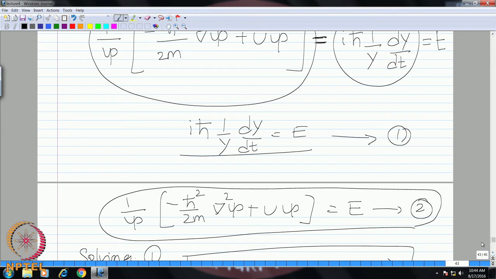So, this entire term here is 1 by psi H of psi is equal to E. So, therefore, H psi can be replaced by E psi.